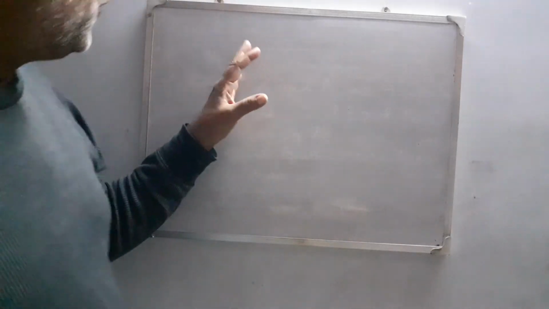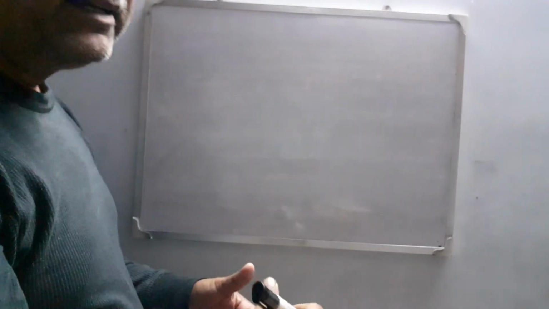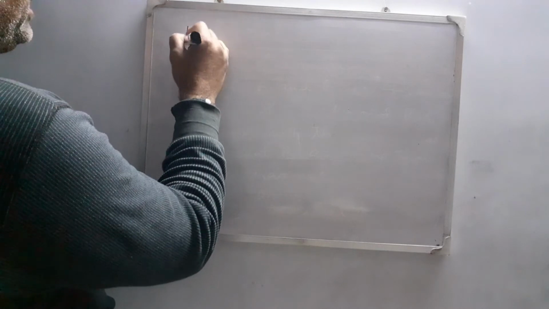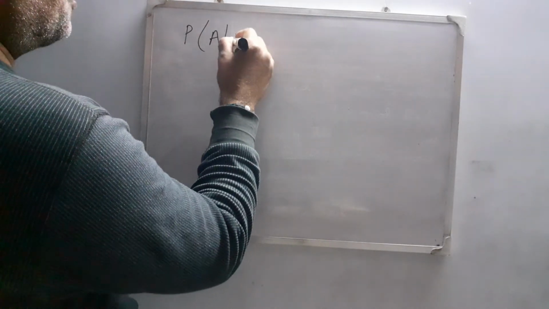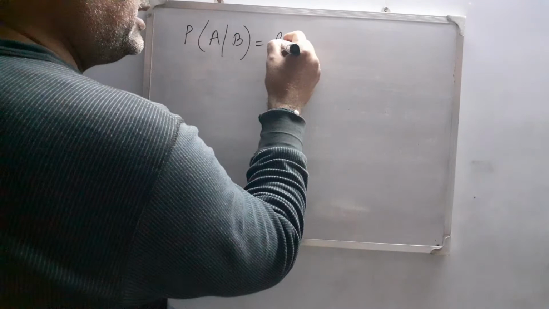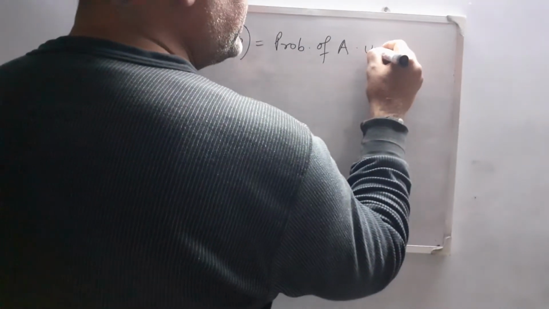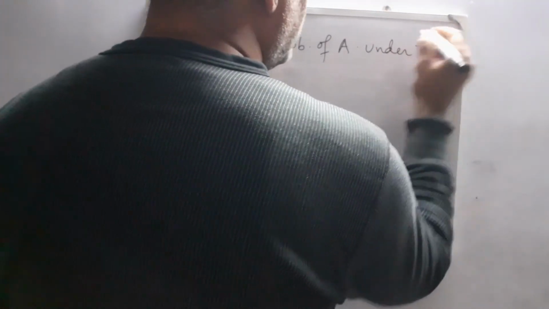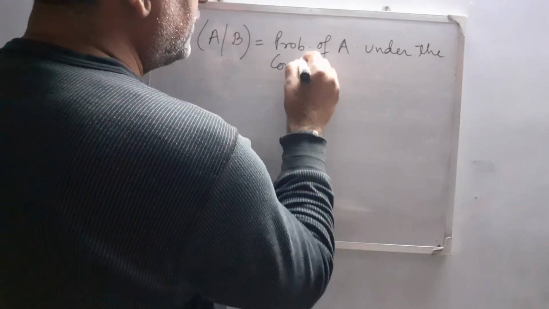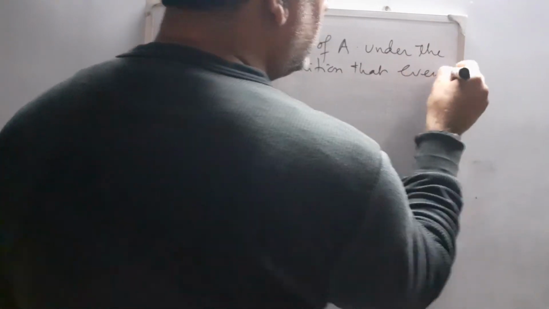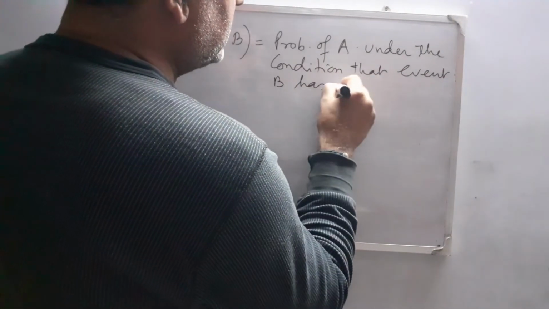One event has already occurred, and then the second event will occur, and to denote it we say P A slash B. So P A slash B means probability of A, remember it, under the condition that event B has actually occurred.